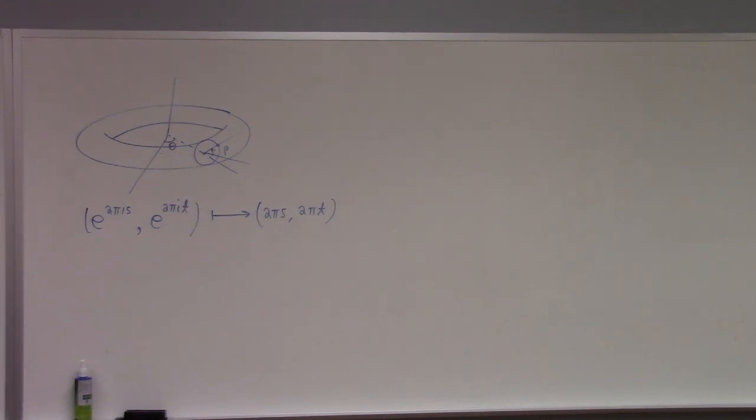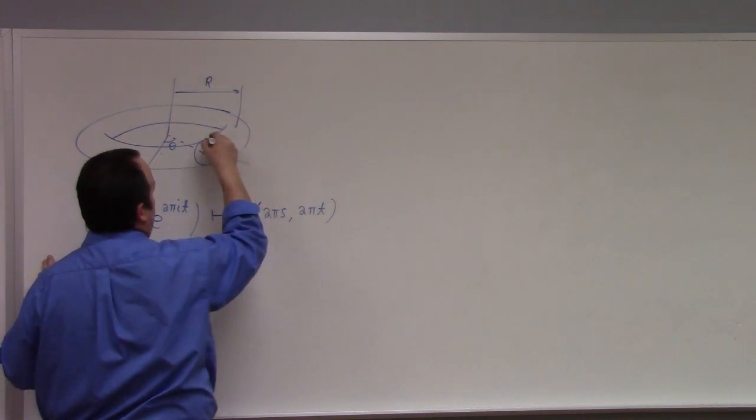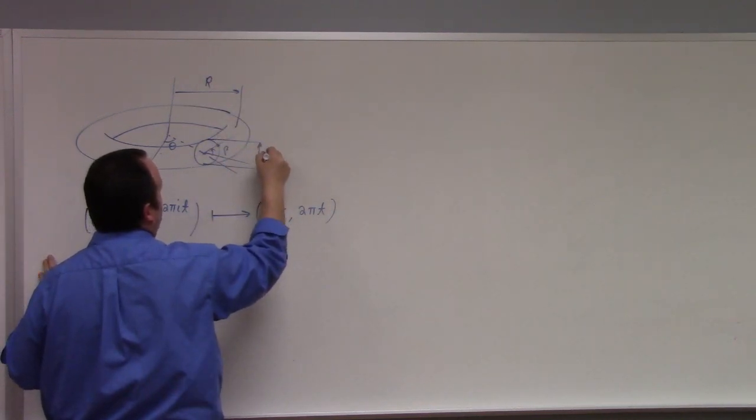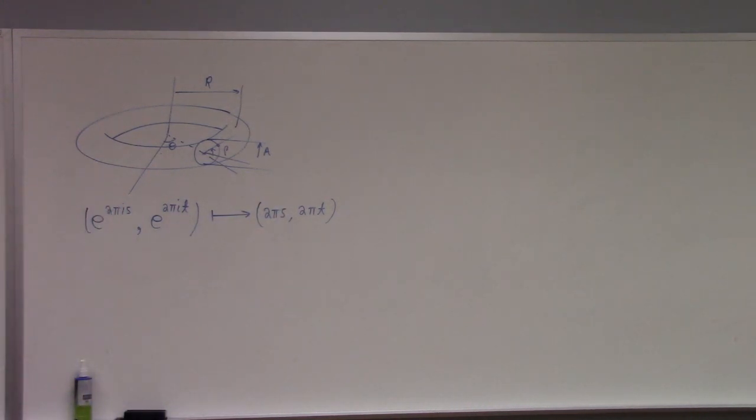I mean, those are the coordinates on the torus. How would we convert those to points in 3 dimensions? You got to pick a size, right? Like, how big is the radius? Like this, versus like this. And then it becomes a relatively straightforward problem of 3-dimensional coordinate geometry to come up with the formulas in terms of r and a and the angles that you've been given, 2πs and 2πt.